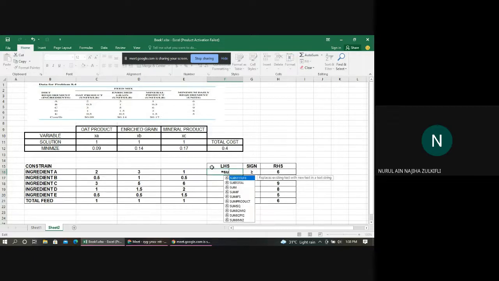Equals sum product. So we take the solution with the constraint of ingredient A. For the ingredient B also the same.